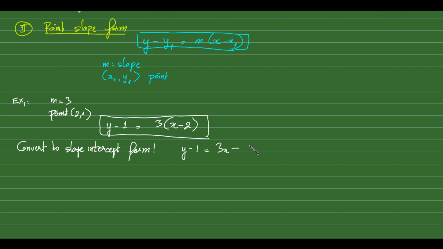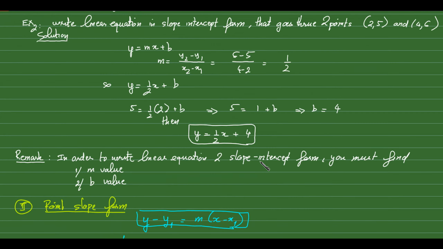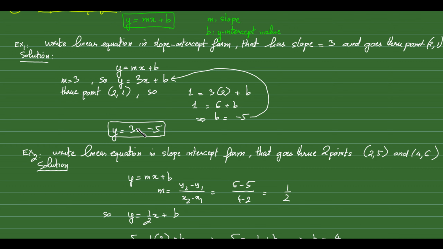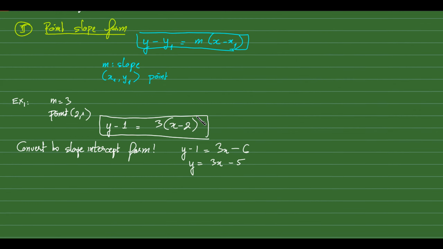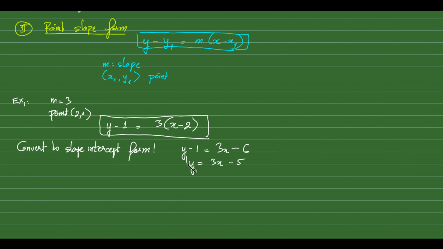Afterward, we're going to add 1 to both sides. So we have y equals 3x, and negative 6 plus 1 equals negative 5. And here you go, look at that. y equals 3x minus 5. I'm going to box that. See? Converting to slope-intercept form is super easy.